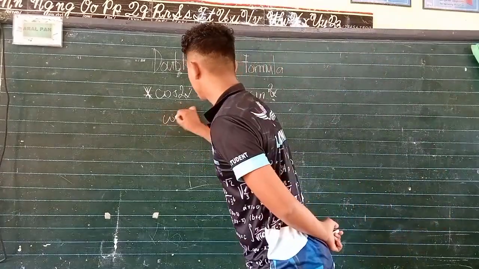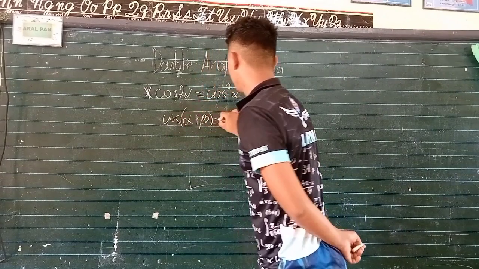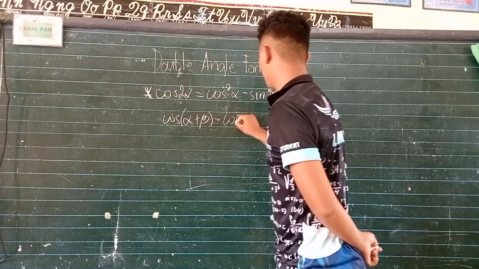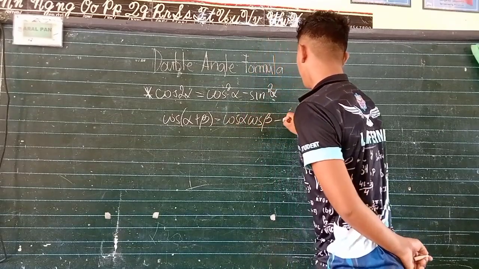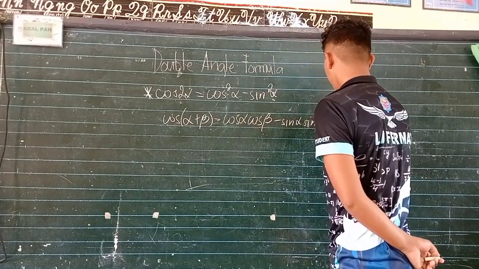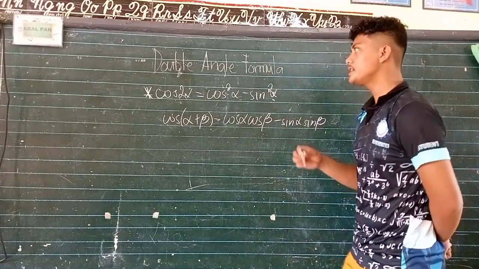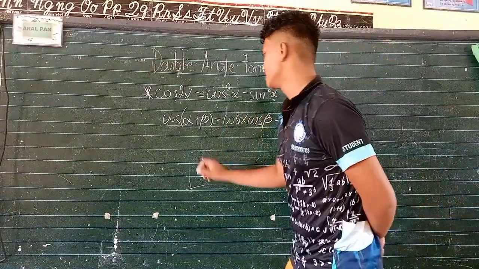So cos alpha plus beta is equal to cos alpha cos beta minus sine alpha sine beta. Since we are in the double angle, we can replace the beta with alpha.